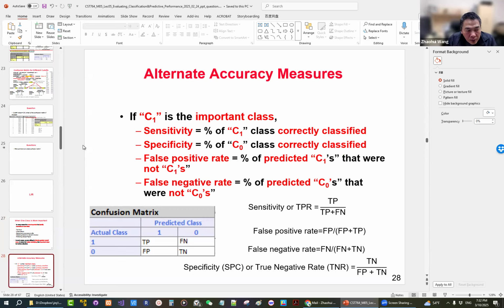Here we use a matrix to evaluate whether one class, C1, is the important class.